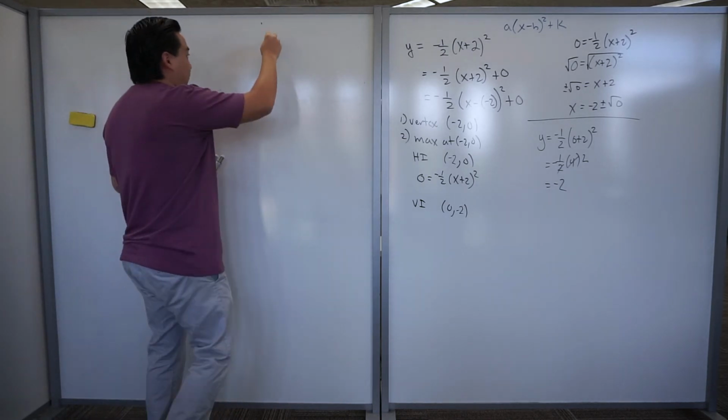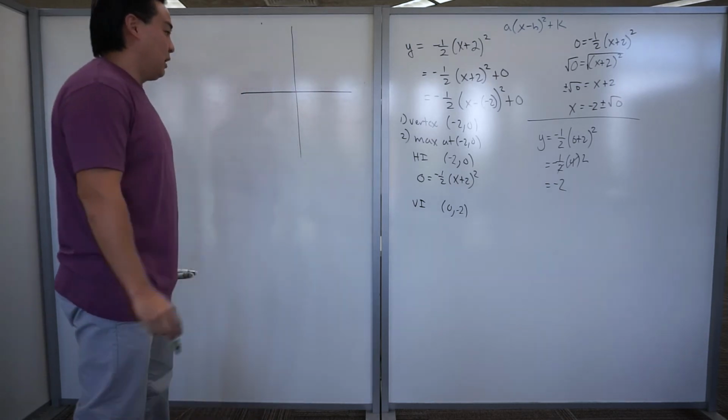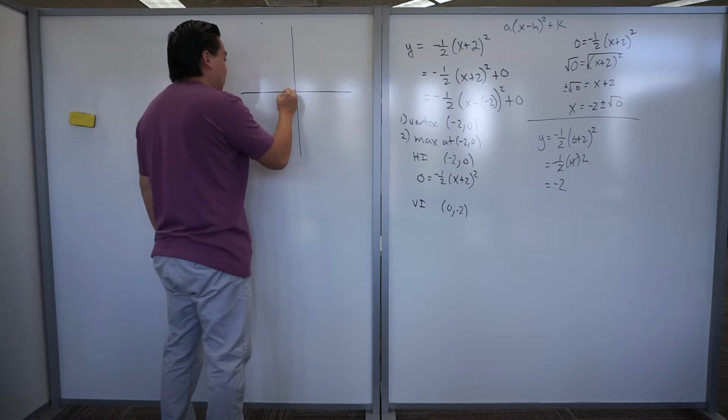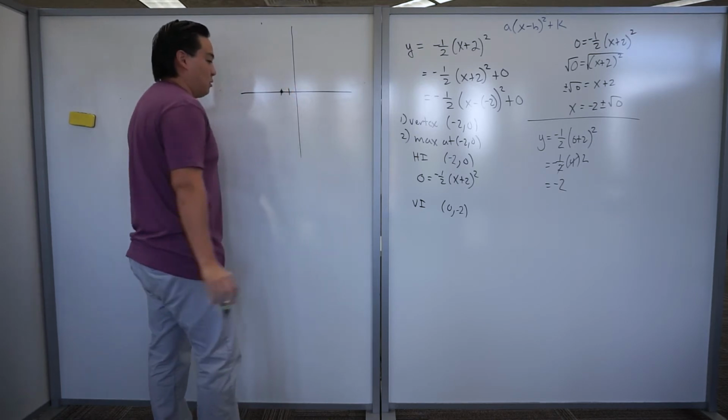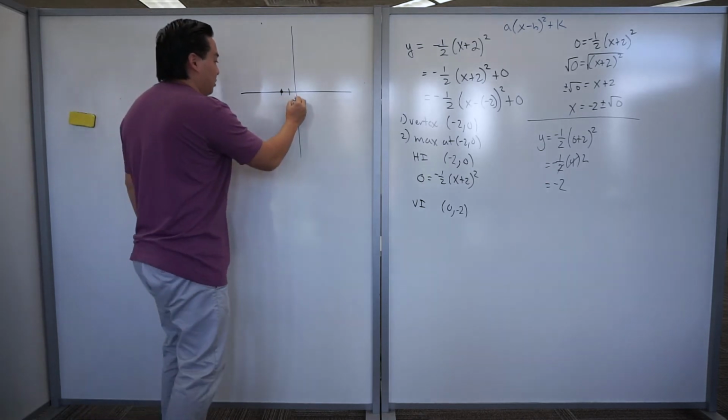So let's go ahead and graph all the information. We want -2, 0. And we want 0, -2.